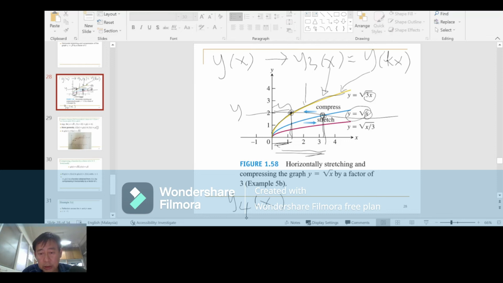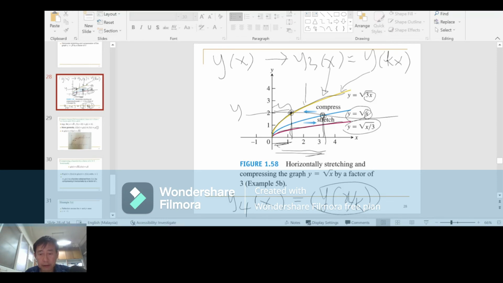That is, the horizontally stretched version, which is this curve, is obtained from the original function where the argument x is divided by the stretch factor k, right? So that is the formula for stretching a function horizontally.